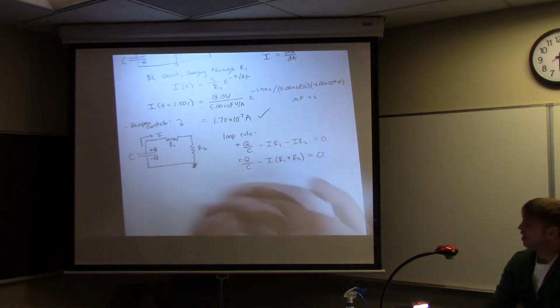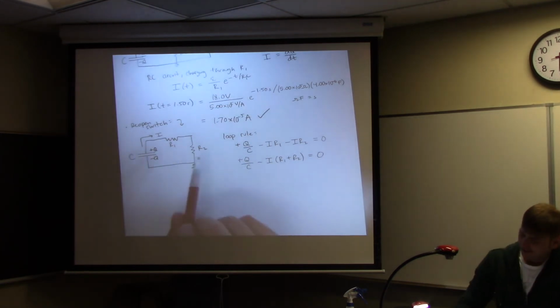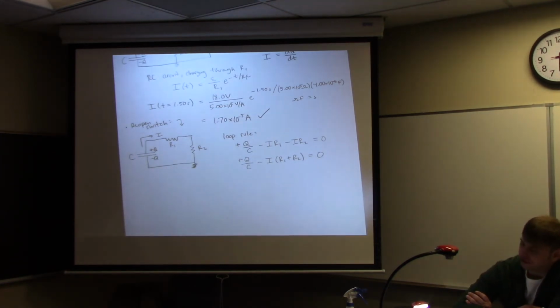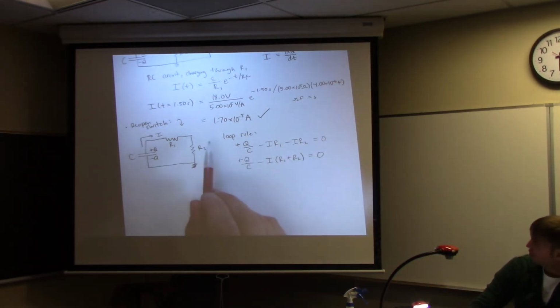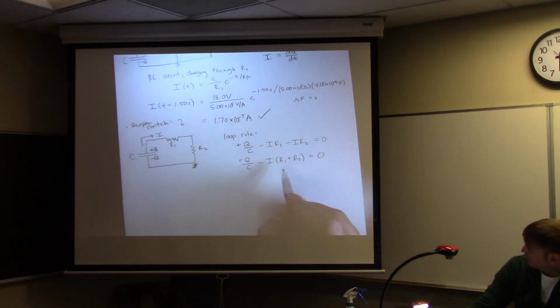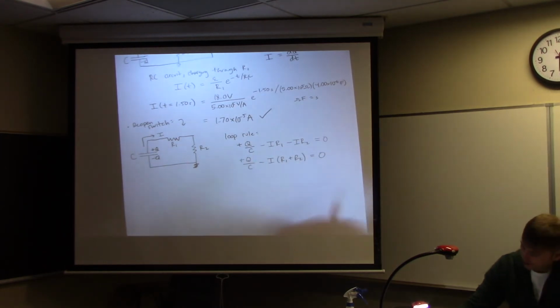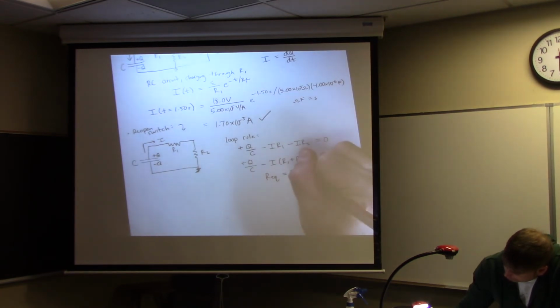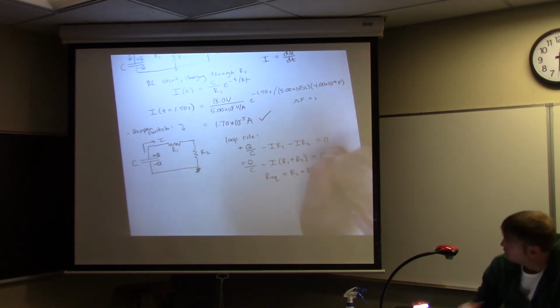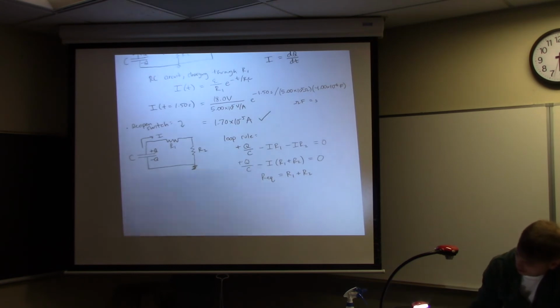So basically what's happening is you have these two resistors in series now, and effectively it's like you just have one resistor with the combined resistance R1 plus R2. Or we can think of this as the equivalent resistance for two resistors in series, like these two are currently organized.